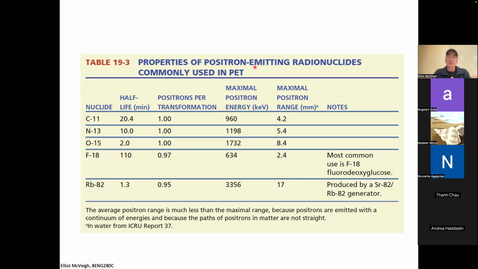So positron emitting radionuclides. These are the big ones that are used in both cancer and in cardiology. Rubidium-82 is used a lot in cardiology because, I forget what it's called, a fake molecule, but it looks to the cell like sodium. So it gets taken up in the sodium potassium pump action of the cell.